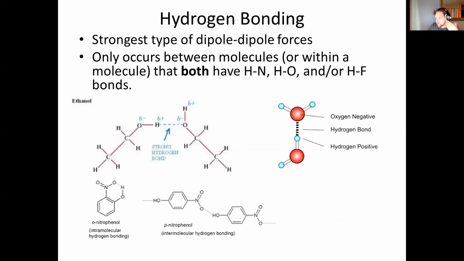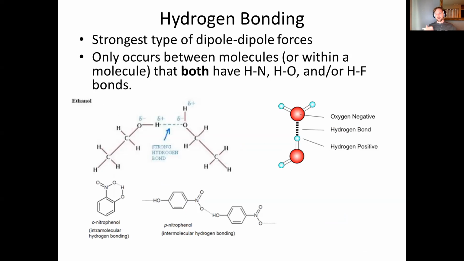So, types of intermolecular forces. Hydrogen bonding is a dipole-dipole force that is the strongest. It's the strongest dipole-dipole force. It is an attraction of polarity, specifically when a molecule has a hydrogen attached to a nitrogen, oxygen, or fluorine. And that is unique in that nitrogen, oxygen, and fluorine are second period elements, so they're really small, and they're very electronegative.